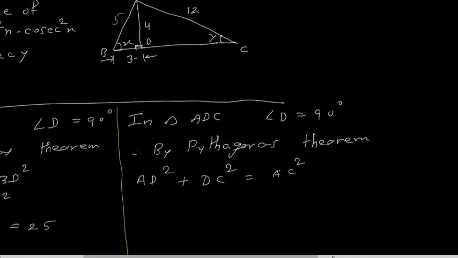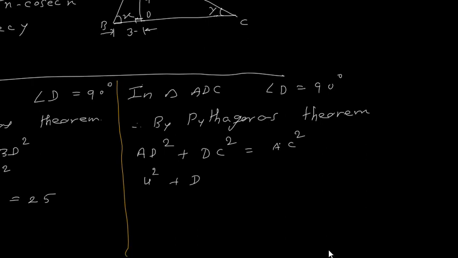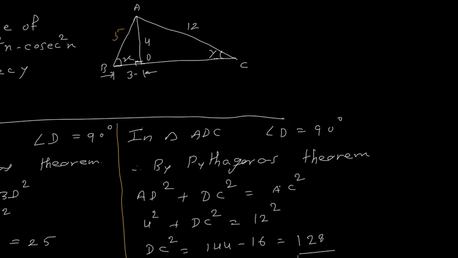So AD is 4, so it is 4 square plus DC square, which we don't know, is equal to 12 square. Therefore DC square will become 144 minus 16. So 14 minus 6 is 8, 3 minus 1 is 2, and this is 1, so 128. So DC square is 128.